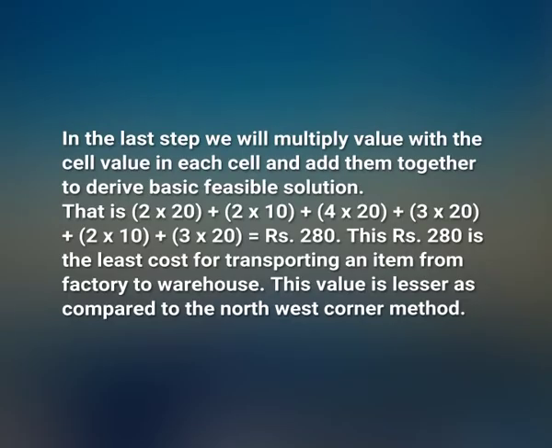In the last step, we will multiply the value with the cell value in each cell and add them together to derive the basic feasible solution. That is 2 multiplied by 20 plus 2 multiplied by 10 plus 4 multiplied by 20 plus 3 multiplied by 20 plus 2 multiplied by 10 plus 3 multiplied by 20, which is equal to rupees 280.